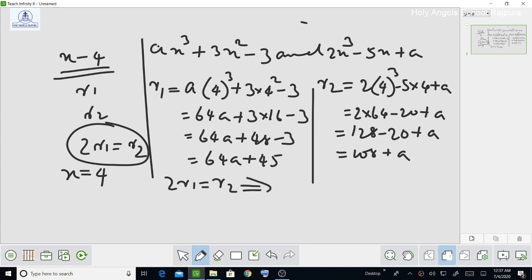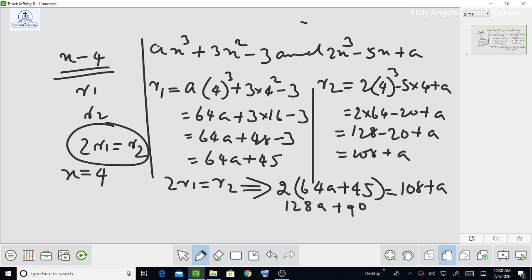That implies 2 into 64a plus 45 is equal to 108 plus a. Open the bracket and simplify it. 128a plus 90 is equal to 108 plus a.